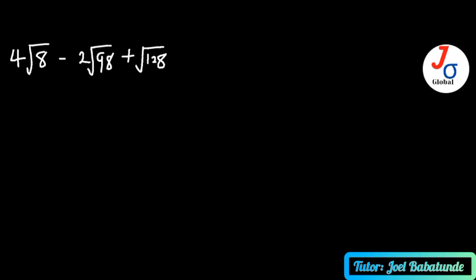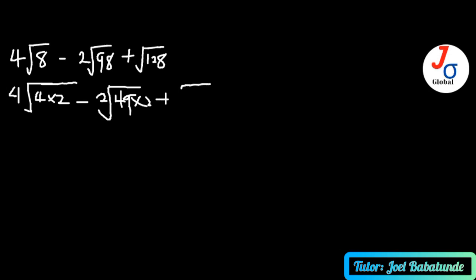Alright. So I'm going to write this as 4, then 4 times 2, then minus 2, 98 is 49 times 2, then plus that's 64 times 2.